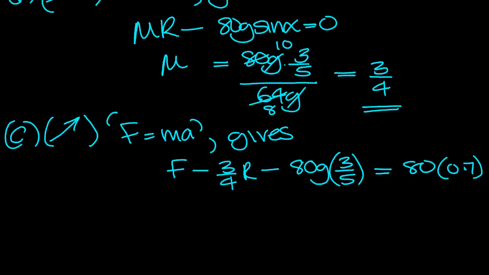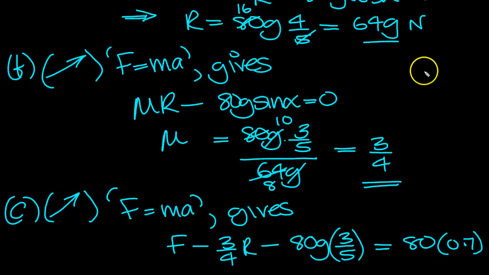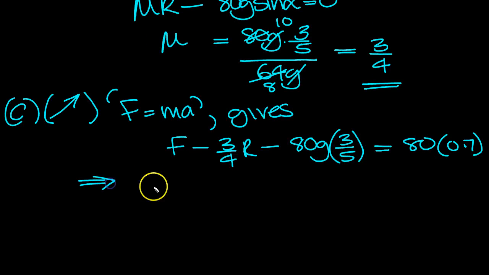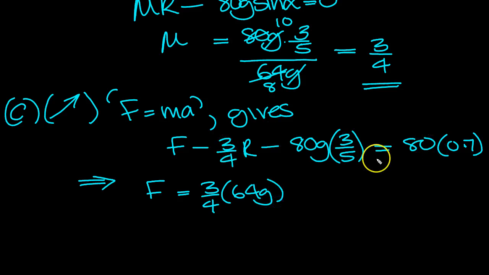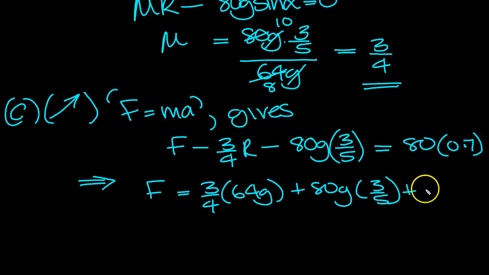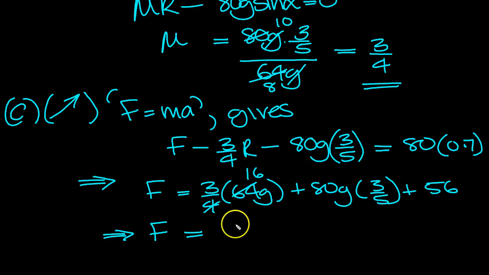We know what R is. R is 64g. That doesn't change. So that tells us F is equal to 3/4 times the 64g, plus 80g times the 3/5, plus the 80 times 0.7, which is 56. 8 sevens are 56, so it's 56. 4 goes into 64 16 times, so this is 48g.